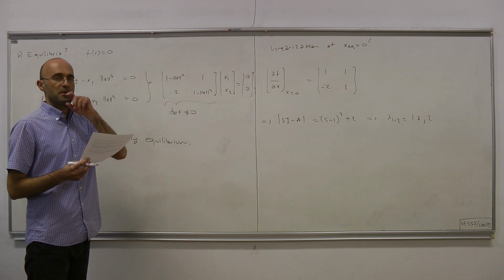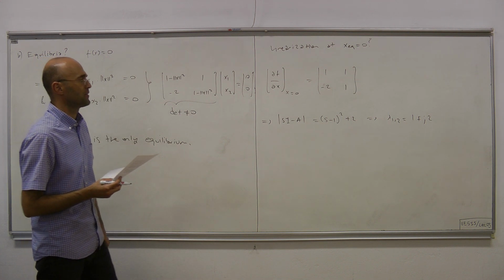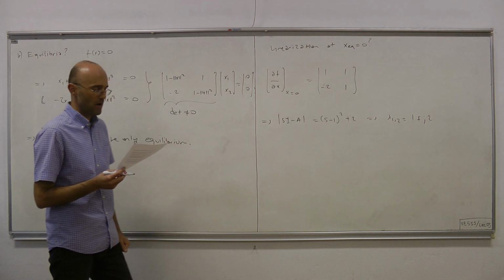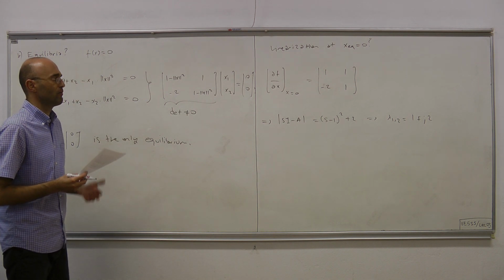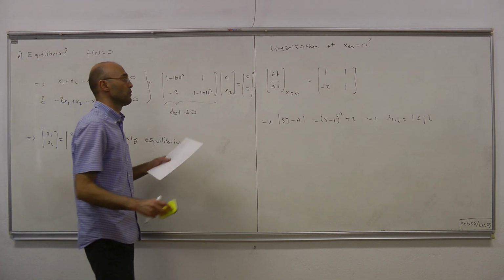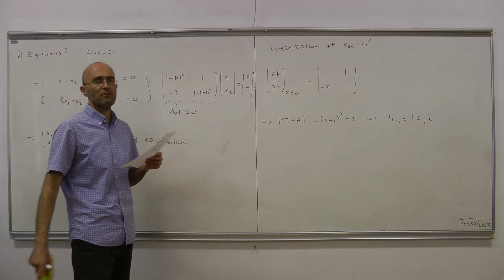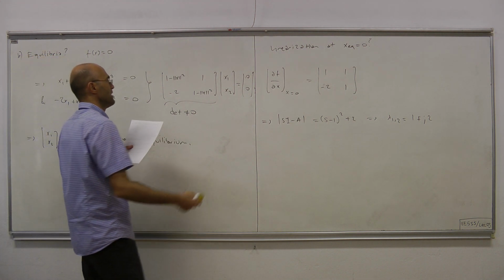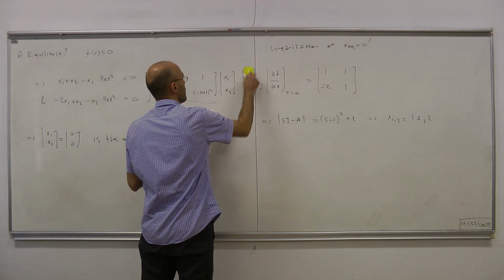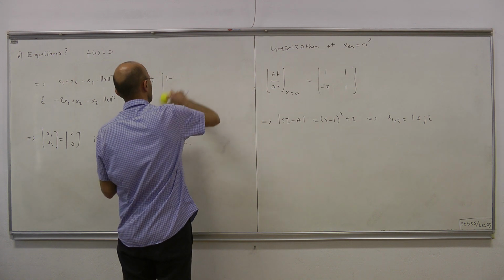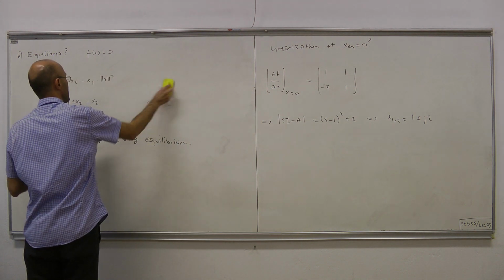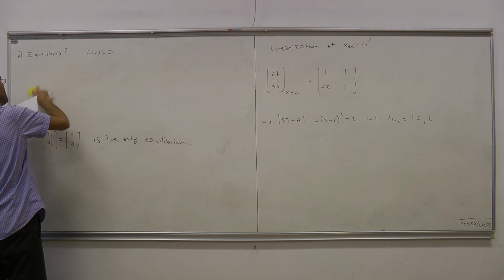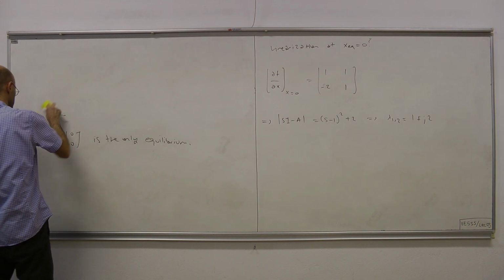Hence, the only equilibrium inside our forward invariant set satisfies the condition given by the Poincare-Bendixson theorem. Therefore, we can now combine all the loose ends and invoke the Poincare-Bendixson theorem to claim that this system must have at least one periodic orbit.